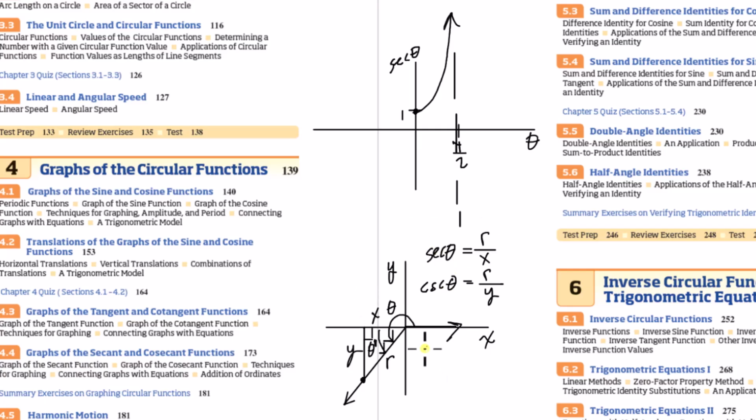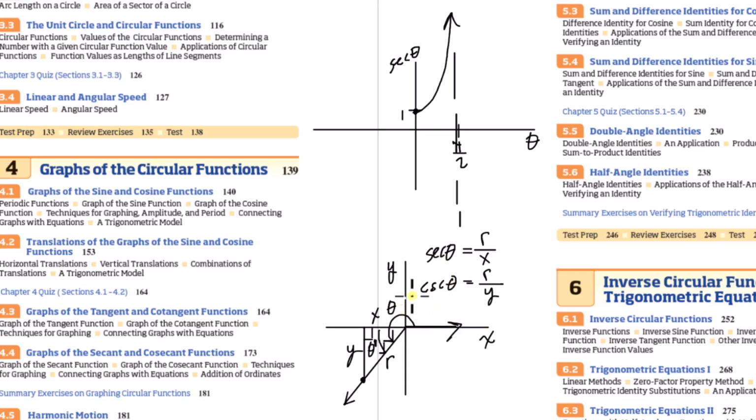And it seems that it's kind of similar to tangent. Instead of going past pi over 2, let's come back and go towards negative pi over 2, because it looks like the curve is going to be continuous. It looks like we're going to have the same type of period between minus pi over 2 and pi over 2. So maybe secant and cosecant are going to have a period of pi.